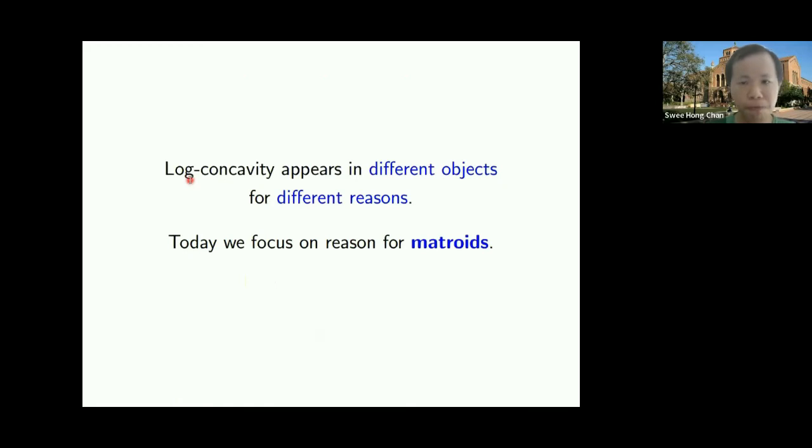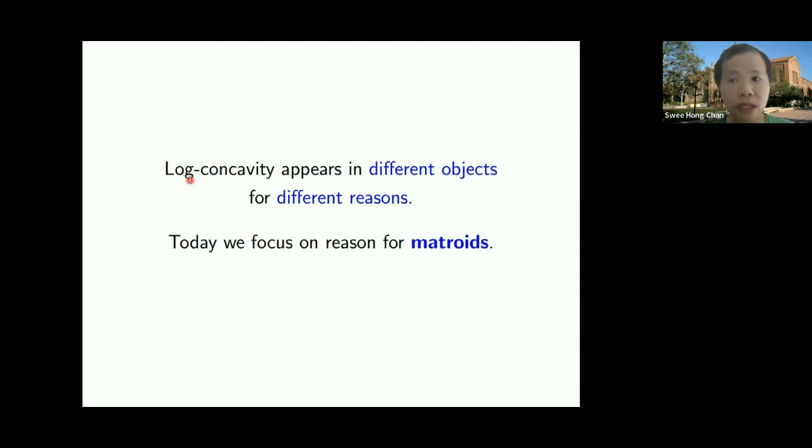So let me continue. In general, if somebody hands you an arbitrary sequence, there's no reason to expect that this sequence will be unimodal, let alone log-concave. So if you somehow have a combinatorial sequence and you keep seeing that it is log-concave, then usually the log-concavity is there for a reason.